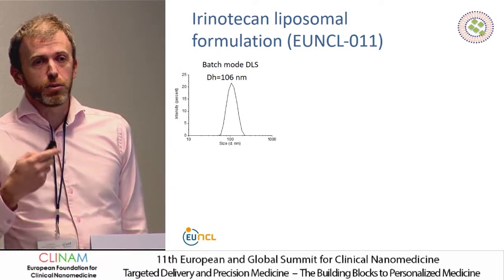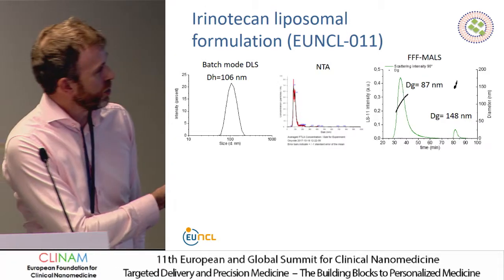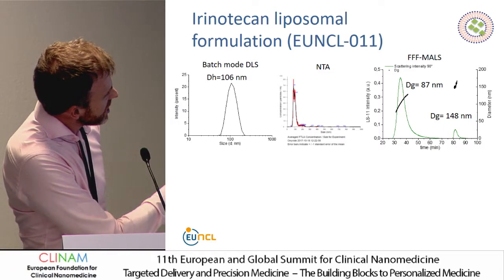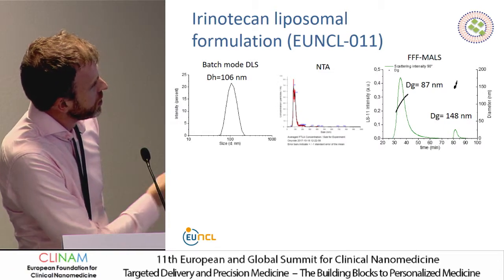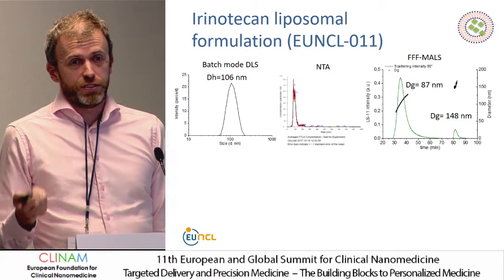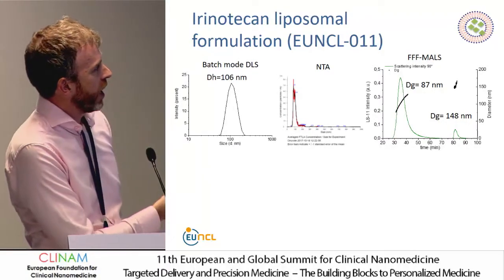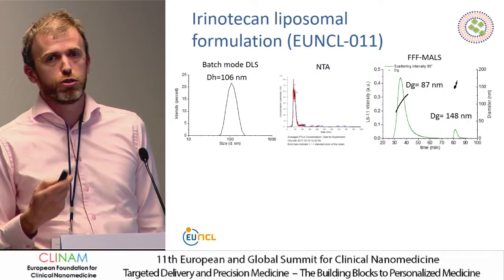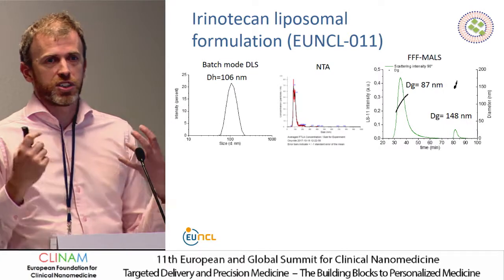We decided to look a bit further into this, and already in the NTA plot, you can see that this is not really one peak anymore. There is something happening up here. Then we subject it to FFF, so separation-based detection with multi-angle light scattering, and you can very clearly see that there are actually two populations in here, even though DLS makes it look like there's one homogeneous population.